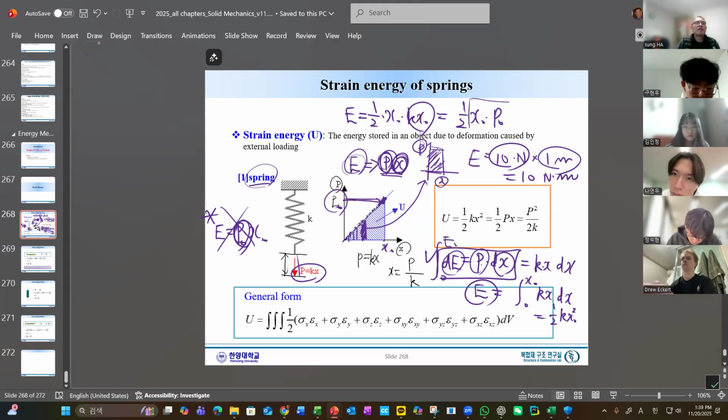So as you can see, X0, P0, and half, that's exactly as we expected, the area of the triangle. This is the energy stored in this spring when the force reaches P0 and deflection is X0.